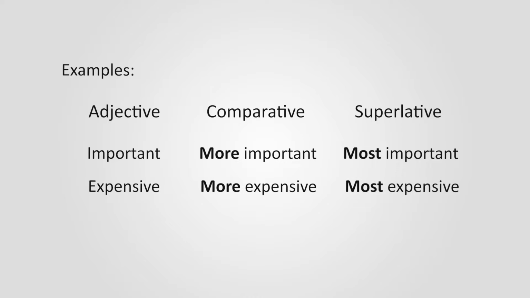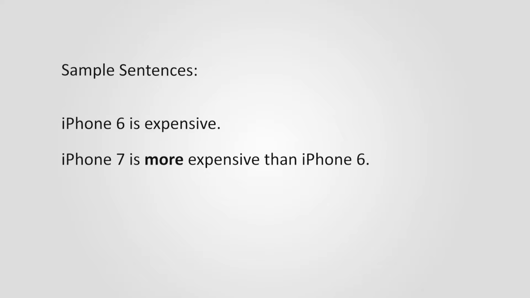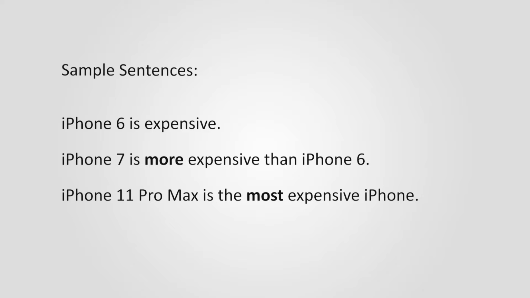Superlative, most expensive. Here are the sample sentences. First sentence, iPhone 6 is expensive. Second sentence, iPhone 7 is more expensive than iPhone 6. Third sentence, iPhone 11 Pro Max is the most expensive iPhone.